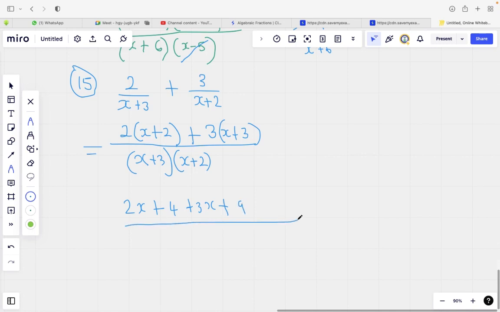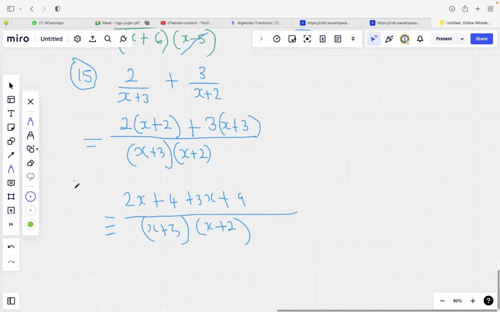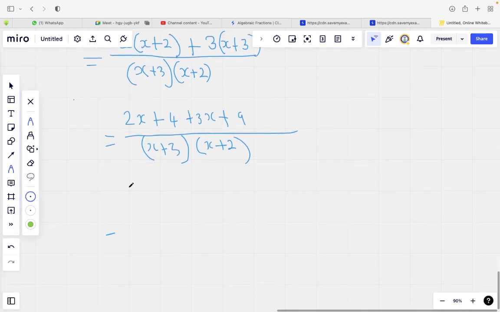Our denominator remains the same. We write x plus 3 in one bracket and x plus 2 in another bracket. So our next step is just to add the terms that are supposed to be added together. 2x plus 3x, we get 5x in the numerator.